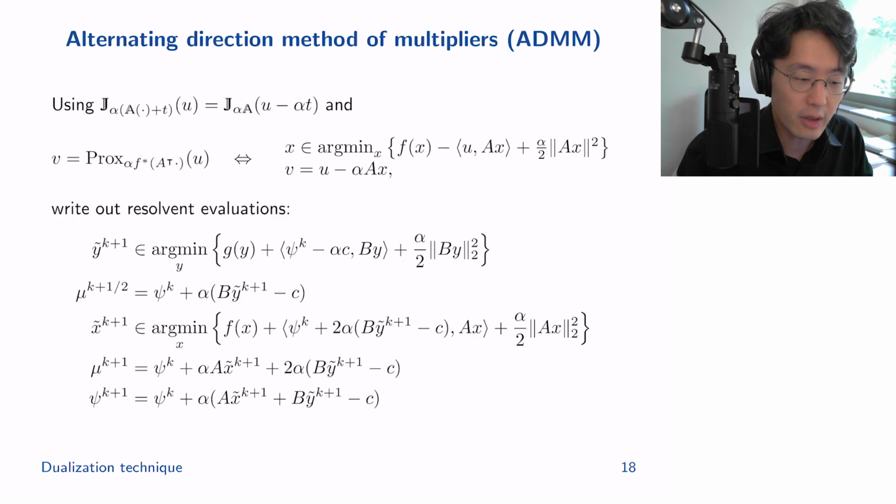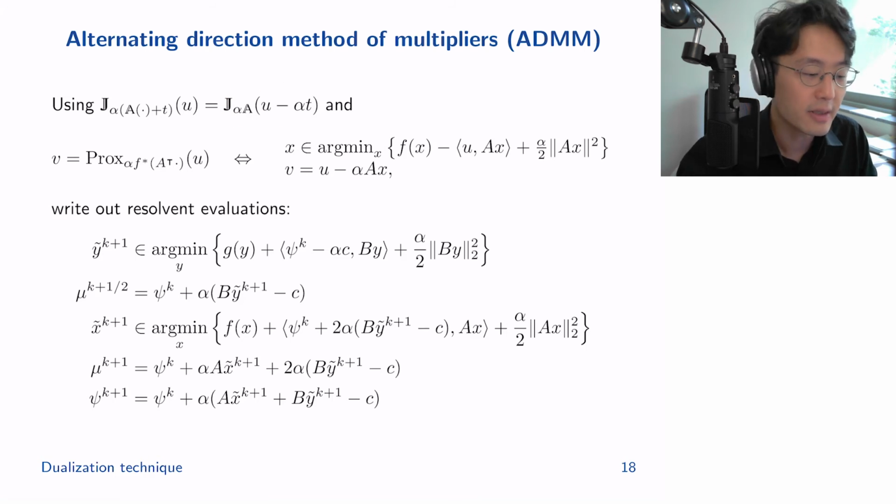To transform the DRS FPI into a more favorable form, we will be using two identities that we had established before. One is that if we consider the resolvent with respect to the operator A with t added to it, then the resolvent can be evaluated using the resolvent with respect to A, but with the inputs shifted in this manner.